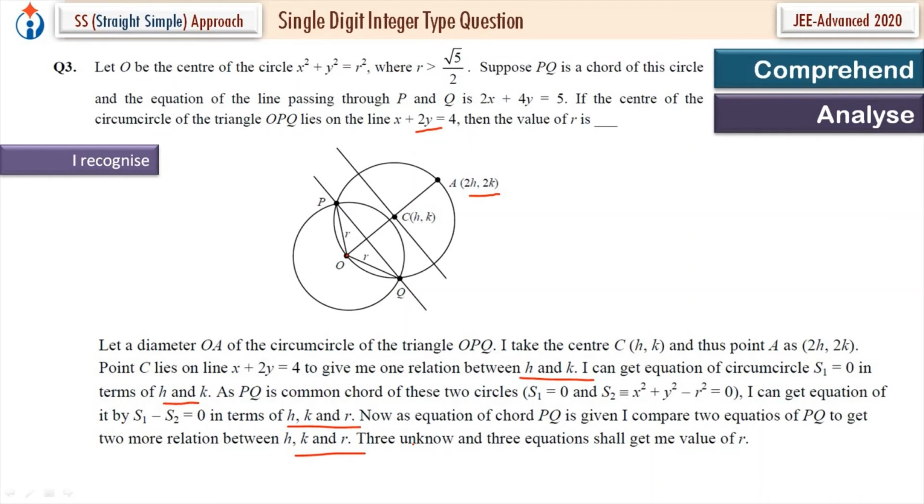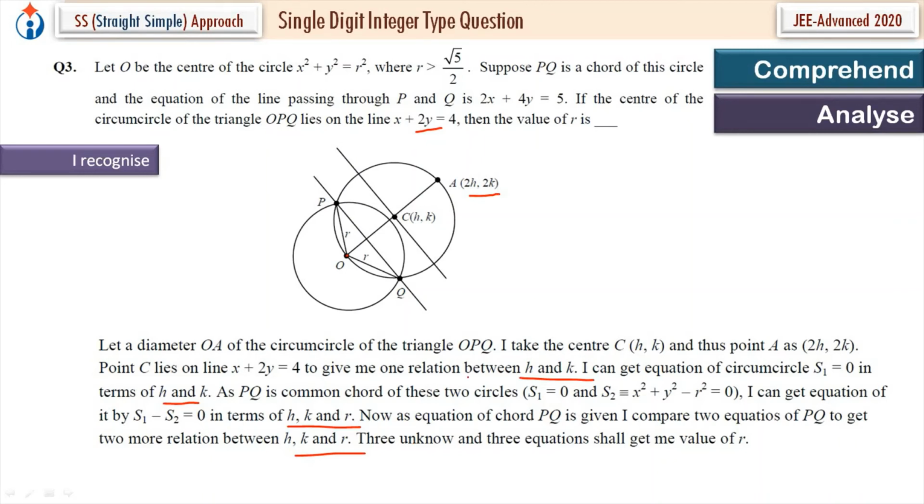So in last method, there were two unknowns. In this method, there are three unknowns. So which is the better method? Where unknowns are less. Also, circle, straight line, triangles, we have studied a lot of geometry. So always we should look for the geometry.